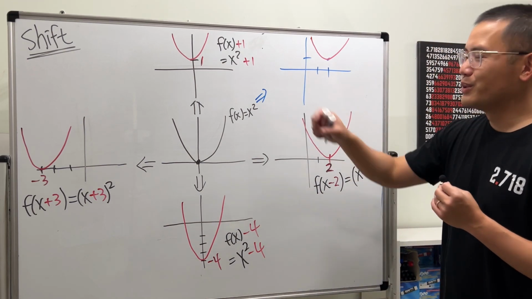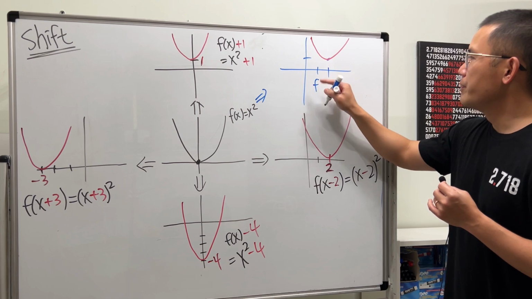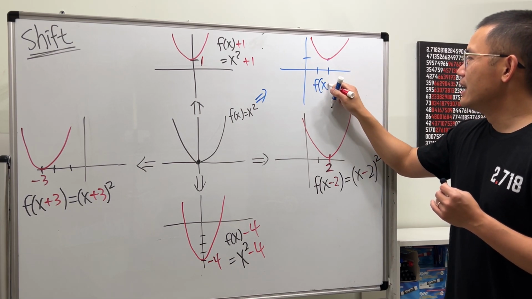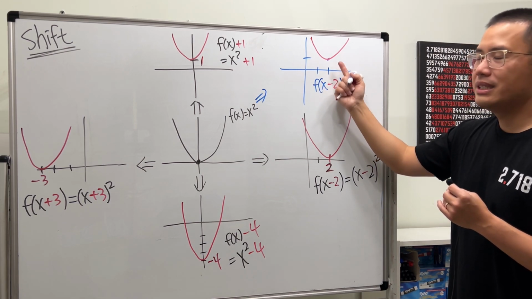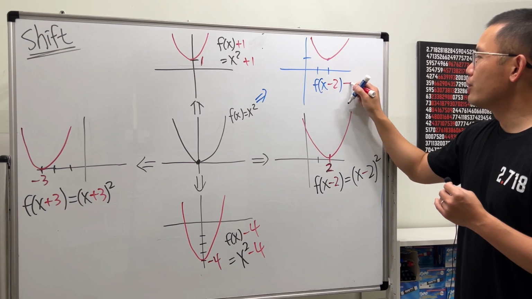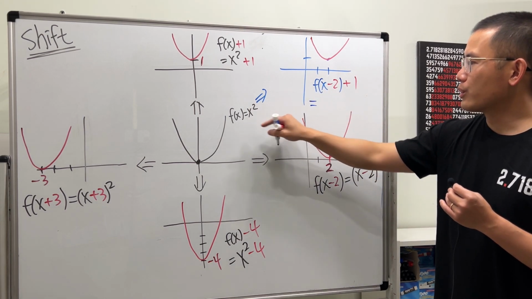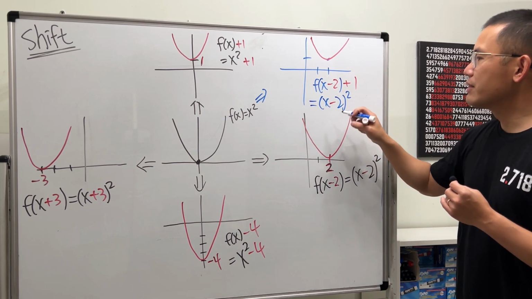You're just putting 2 components into that. So this graph is f, because we go to the right 2 units, I have to subtract 2 directly from the x. But this right here is going up by 1, so after the function, we will have to add 1 to it. And the equation is, put this into the original, so x minus 2 squared, and after that, we add a 1.